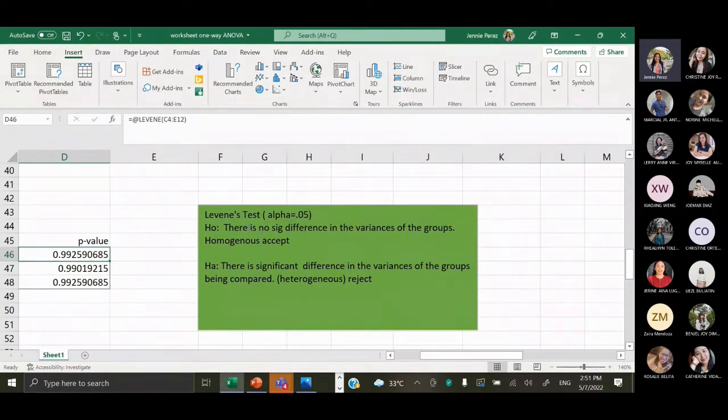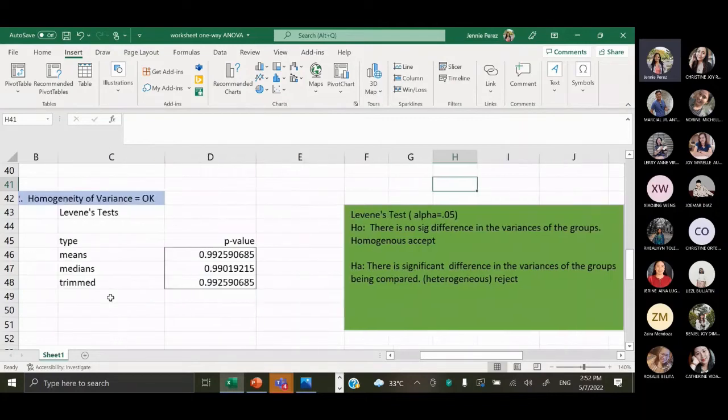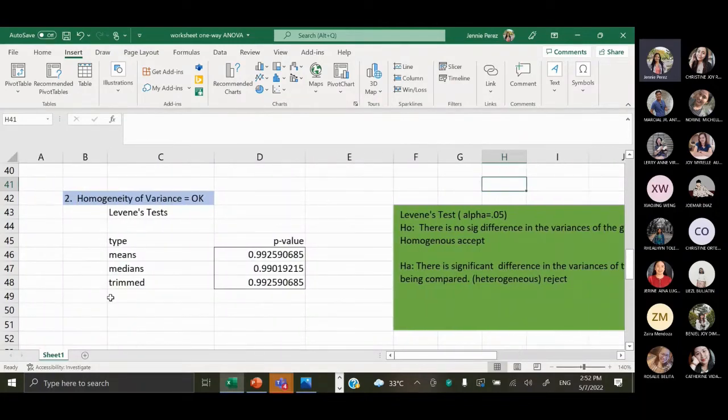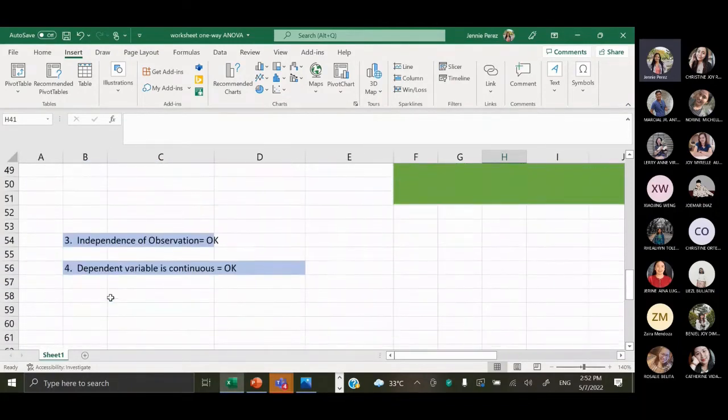So therefore, this null hypothesis of no significant difference is accepted. So we now assume that the variances of all three are the same. So we can proceed. This assumption of homogeneity of variance is not violated. We can proceed with the F-test or the analysis of variance.